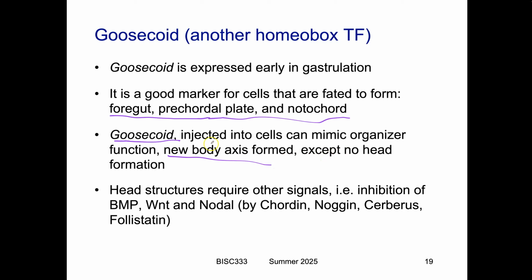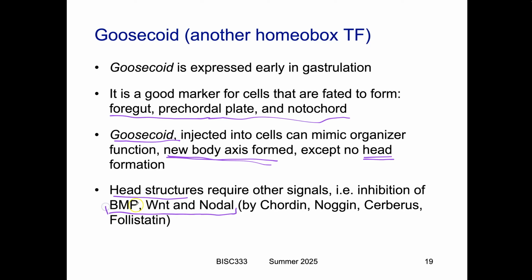The difference between this and the organizer is that it mimics the organizer function and can do most of what the organizer can do, but there's no head formation. So we're missing the most anterior part. And it turns out that there are a bunch of additional signals that the head structures require, and they are responsible for inhibiting these three signals.